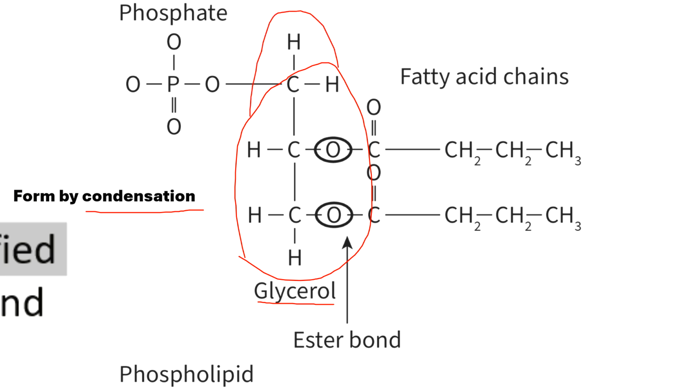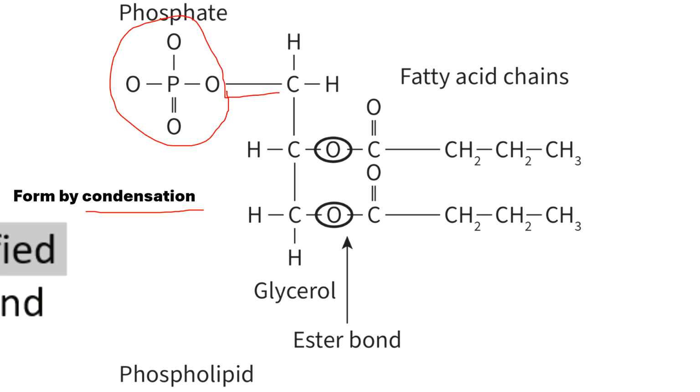Now it is modified with, as you can see, a phosphate group. How does it bond to the 2 fatty acid chains? Well, there's 2 ester bonds, one for each chain. And this is basically what makes up a phospholipid.